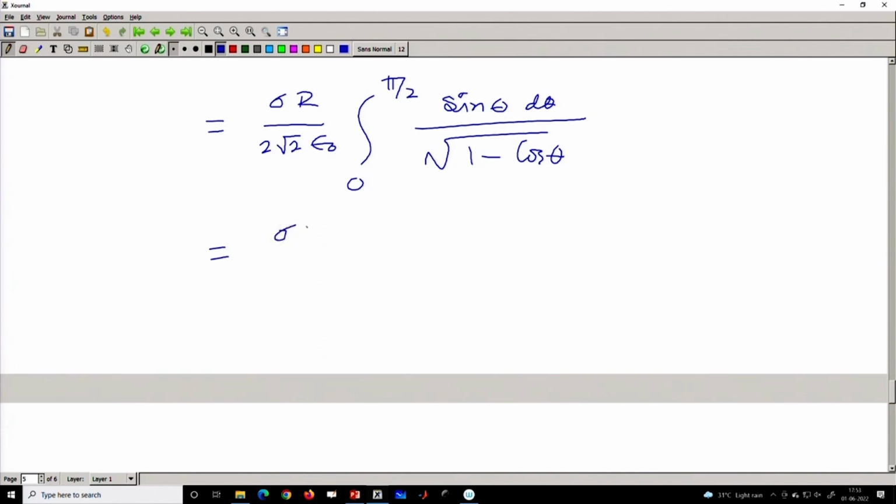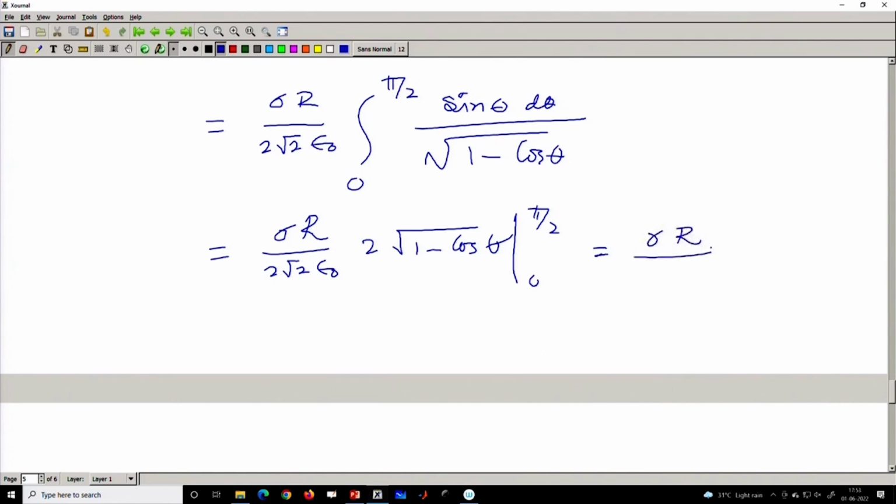So, it should be simply sigma r divided by 2 root 2 epsilon naught, then we have 2 root over of 1 minus cos theta with the limit 0 to pi by 2, and that value is simply sigma r divided by epsilon naught and root over of 2.